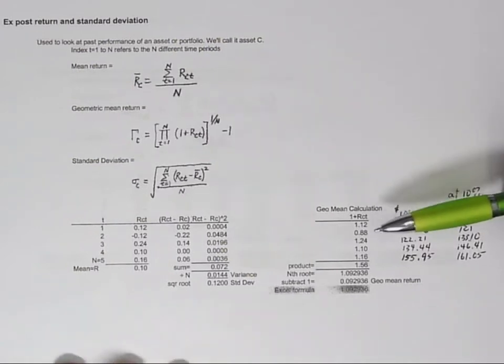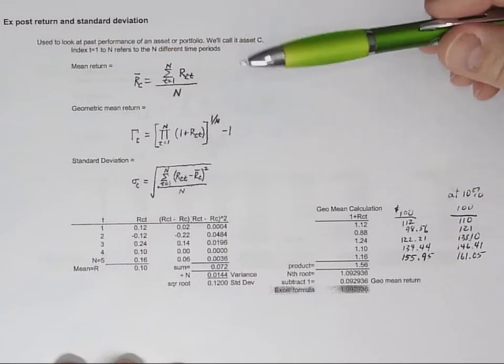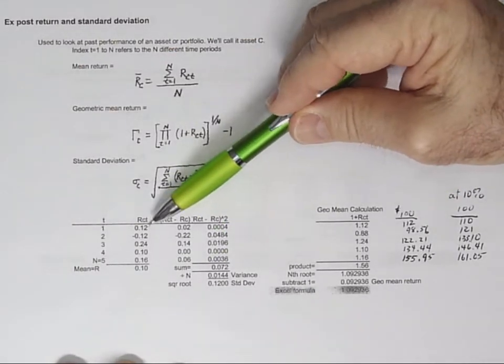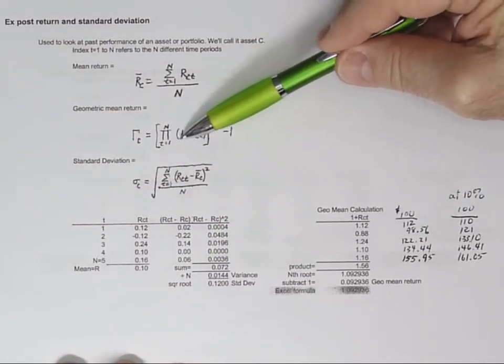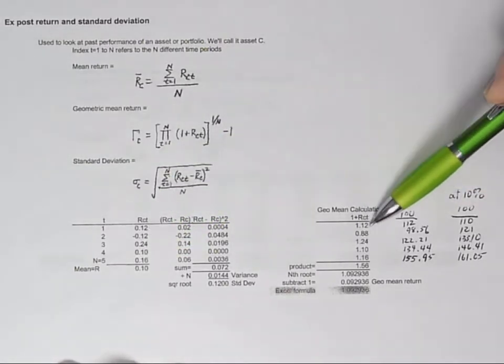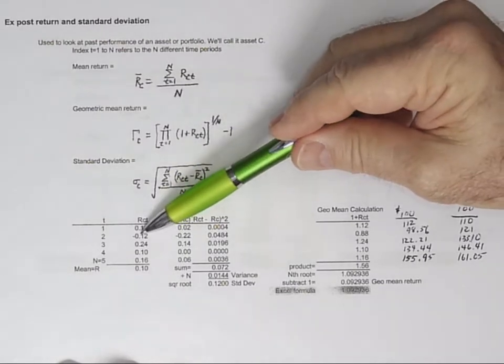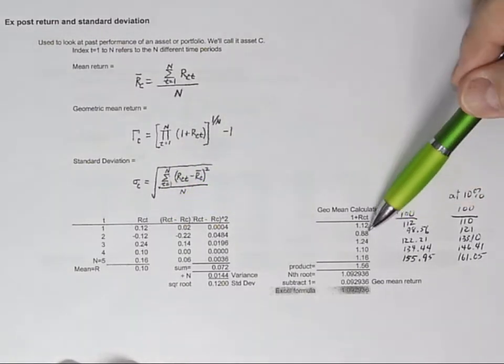Now this just shows the geometric mean calculation, and what we're going to do here is calculate 1 plus r, remember, 1 plus r, for each one of these cases. So 0.12 plus 1 is 1.12. 1 plus a negative 0.12 is 0.88.